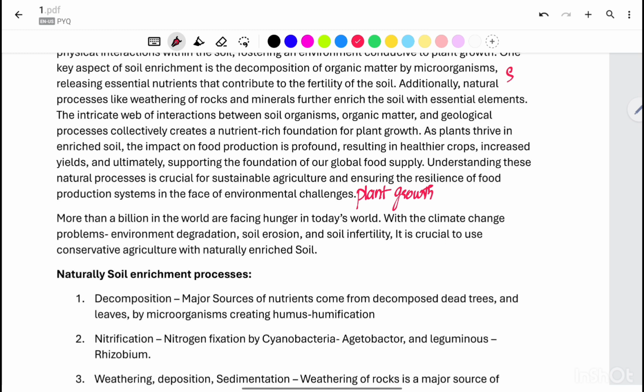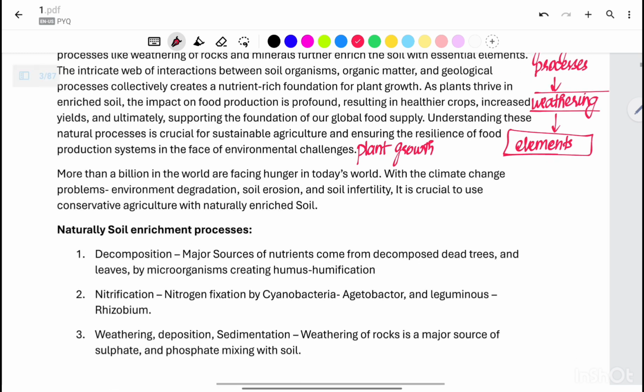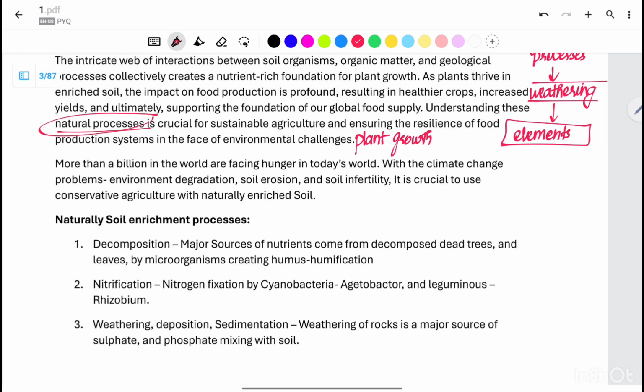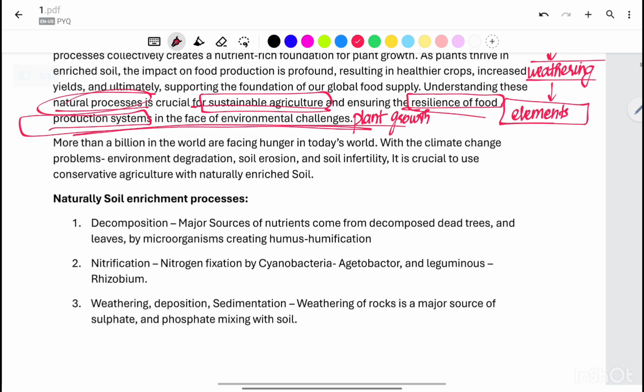So here we have the soil organisms as well as the geological processes, like the weathering of the earth's rocks and minerals, which is very useful for sustainable agriculture and for the resilience of food production systems in the face of environmental challenges.